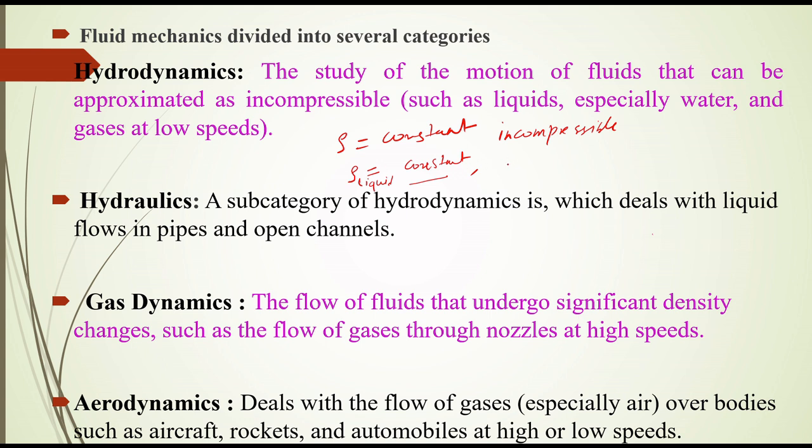For example, if we want to change the density of water by 1%, we require approximately 210 bar pressure. This pressure is practically very high, so this is the reason we consider water as incompressible.